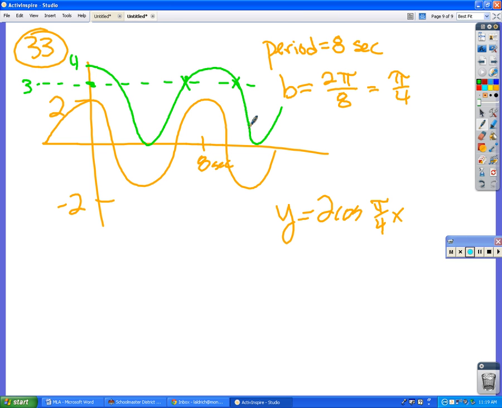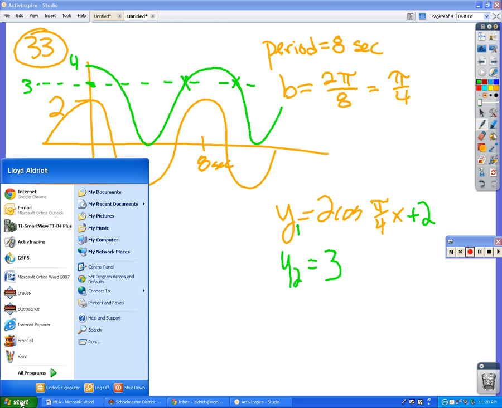How would I have to take this and change it? 2 cosine pi over 4x. And I want to shift it up 2 feet for her reach, so that would be plus 2. So that's going to be my y1. My y2 is y equals 3. And we want to see where they cross.